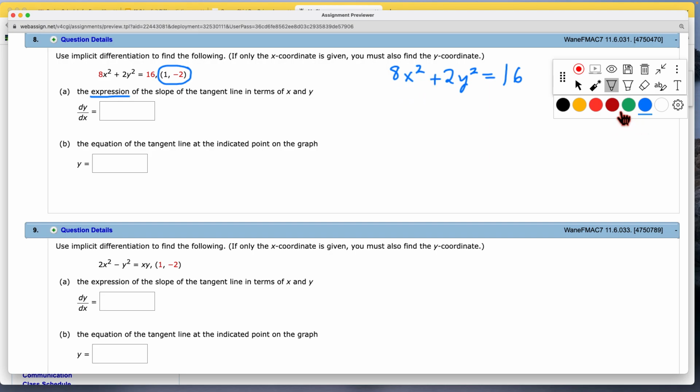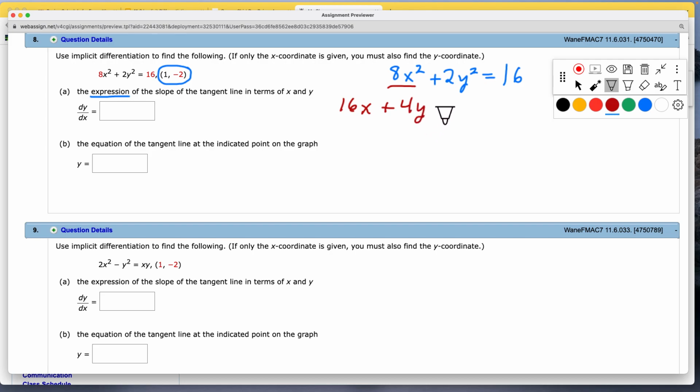Derivative of the first term, 2 times 8, 16. Subtract 1 from the exponent, x to the first power. Derivative of the second term, 2 times 2 is 4. Subtract 1 from the exponent, it's y to the first power.